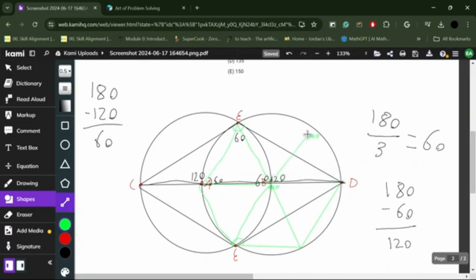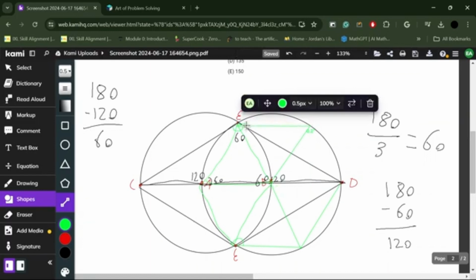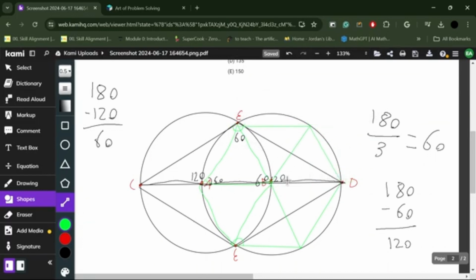Okay. And we're not going to use all these in the problem. We're just going to, so you can see how they're all made up. All the green, it makes up this circle. If we wanted to, we can make up this circle as well. But we're going to stick with this one.